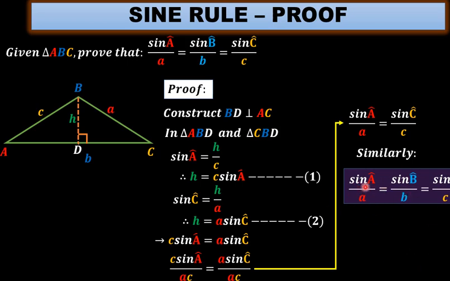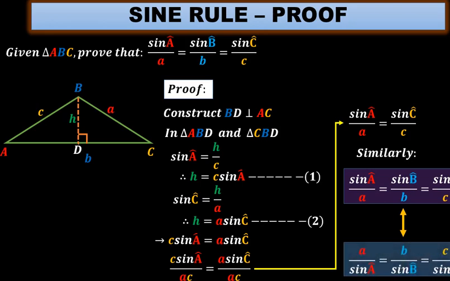So somebody that writes sin A divided by a is equal to sin B divided by b, which is equal to sin C divided by c, this will be the same as a divided by sin A, which is equal to b divided by sin B, which is equal to c divided by sin C. So these two things, this one is implied by this one.